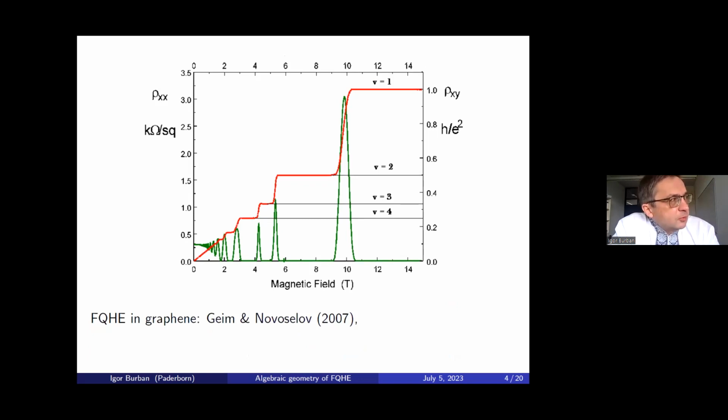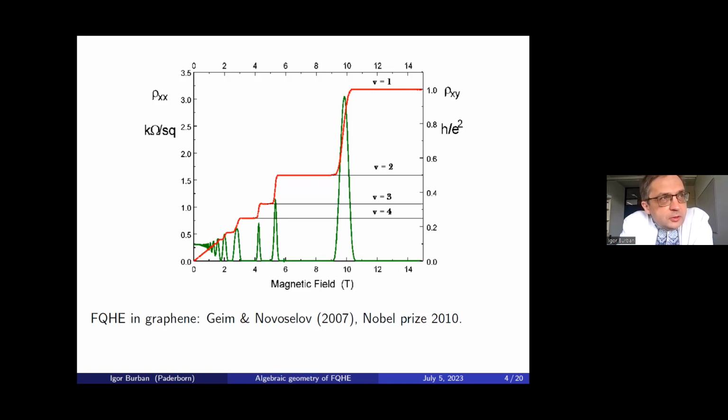The quantum Hall effect was originally observed at very low temperatures, near 0 Kelvin, but another striking and more recent experimental discovery, by Geim and Novoselov, was that the fractional quantum Hall effect exists also at room temperature in a material called graphene. And they got for this discovery again a Nobel Prize.